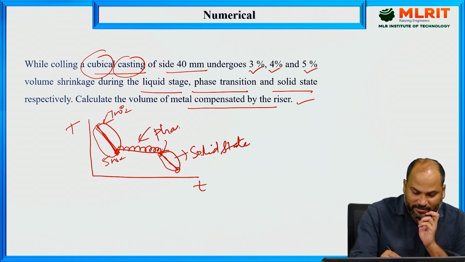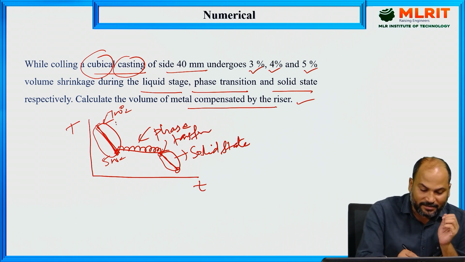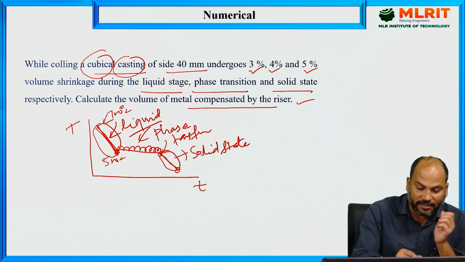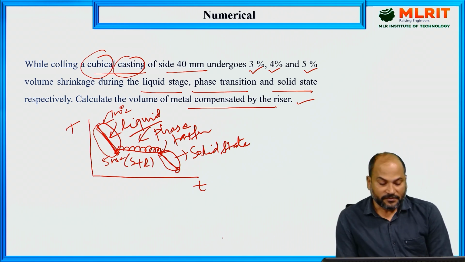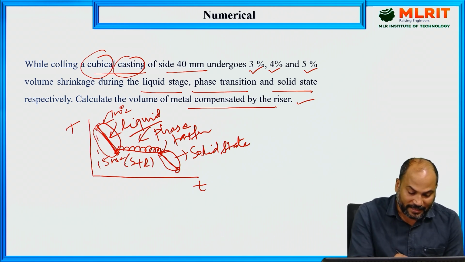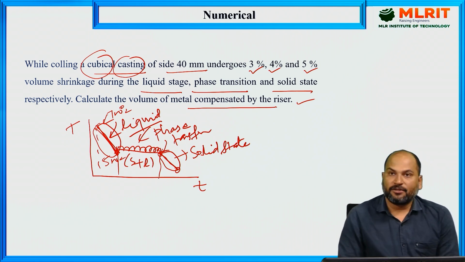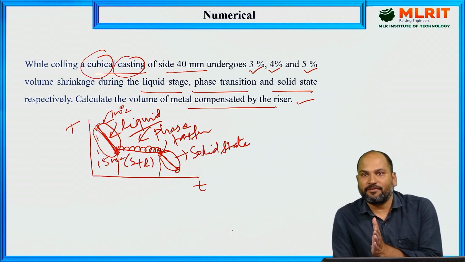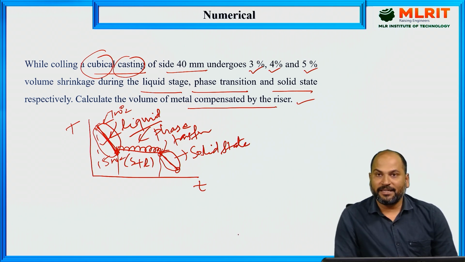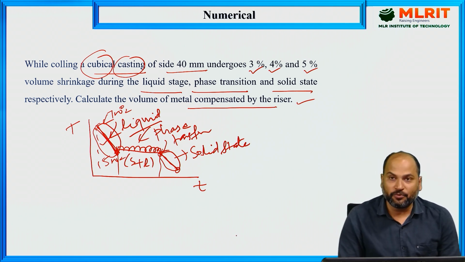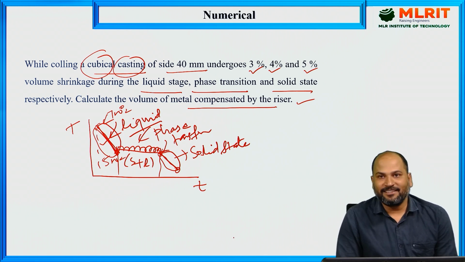This is phase transformation. We have already discussed all these things. And this is the part where the liquid metal is in a completely liquid state. Here it is solid plus liquid, both states are there. We have already studied that whenever there is solidification, meaning the metal is transferring from the liquid state to the solid state, from the starting position when the metal is in the liquid state and when there is phase transformation, up to this, whatever the compensation in the shrinkage is, it is taken care of by the riser.